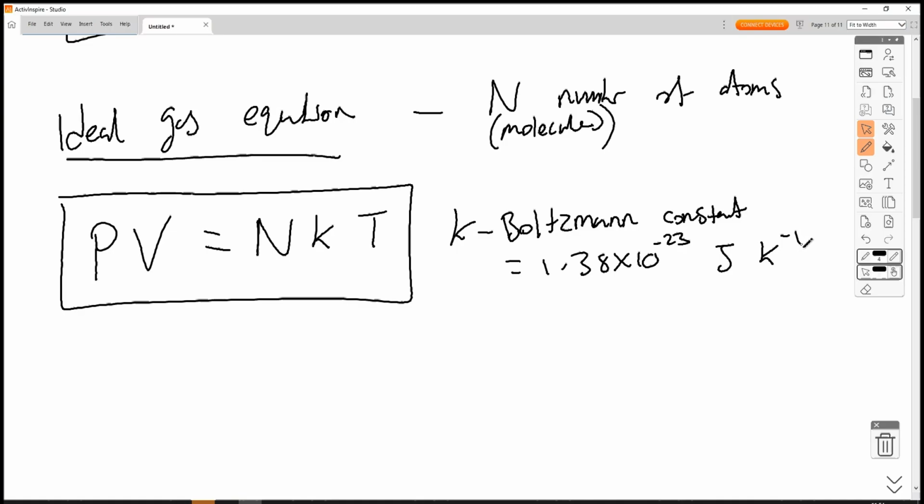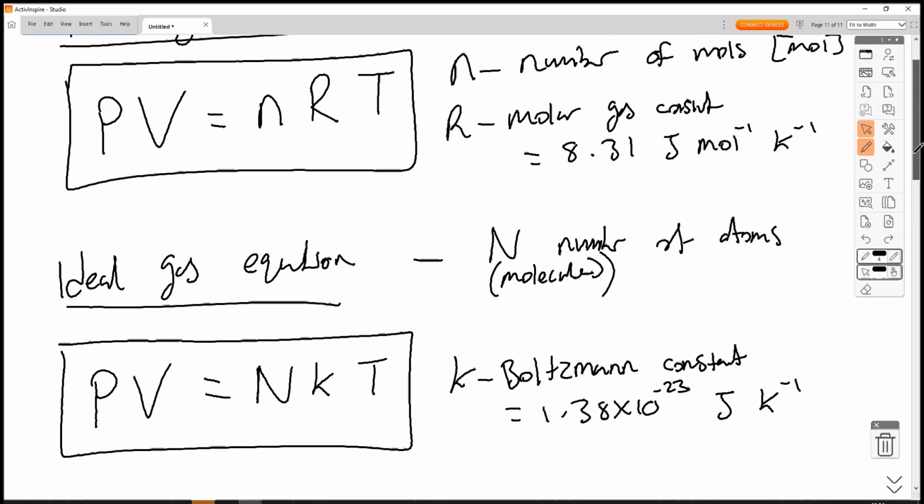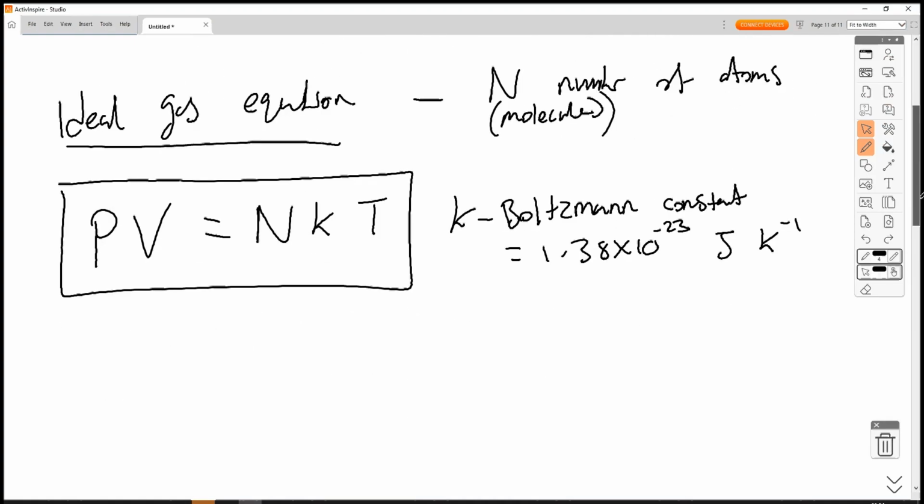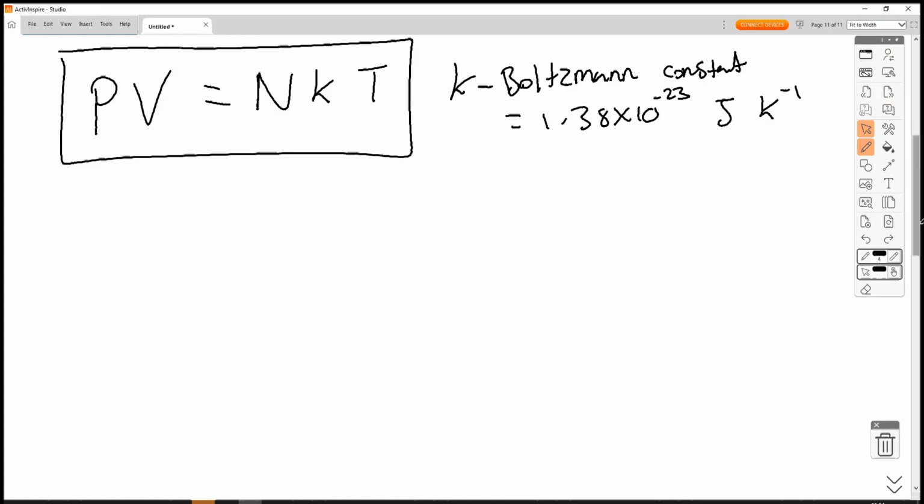Now, if we look at these two equations and compare them, we can see that the only difference is the nR and the Nk. So that means that Nk is equal to nR. And you remember that we said that big N is equal to little n times N_A.